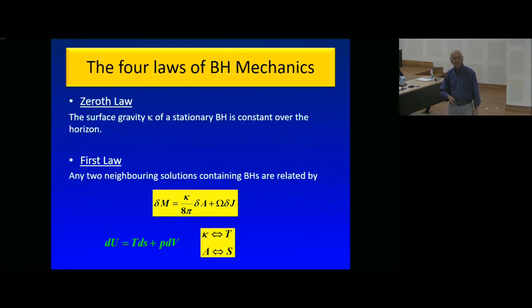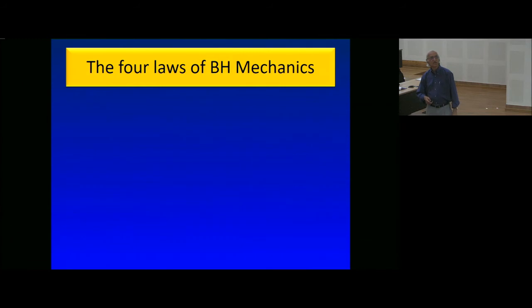So if you identify these two, then you see that the surface gravity kappa is the analog of the temperature in thermodynamics, and the surface area of the black hole, A, is analogous of entropy in thermodynamics. Okay. These are merely analogies, but you will see that they could be more than analogy.